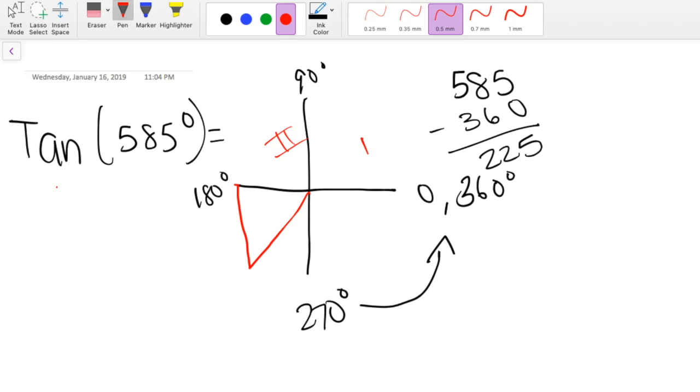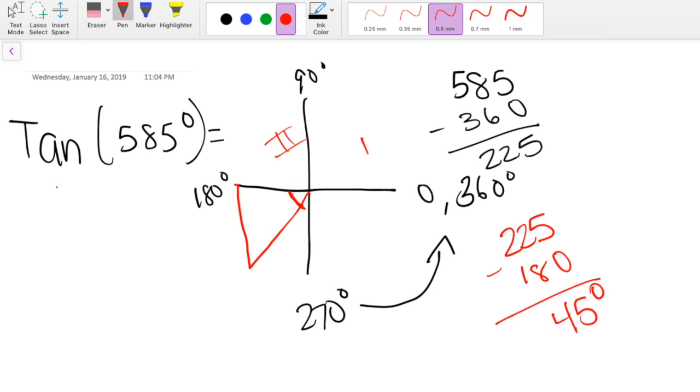Alright, now this is our angle, our reference angle. We do not know what that reference angle is yet. In order to find that, we're going to do our 225, which is equivalent to the tangent of 585. 225 minus 180, and that's going to give you 45 degrees.